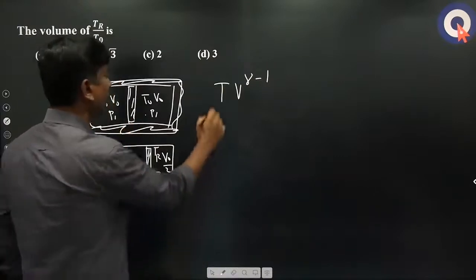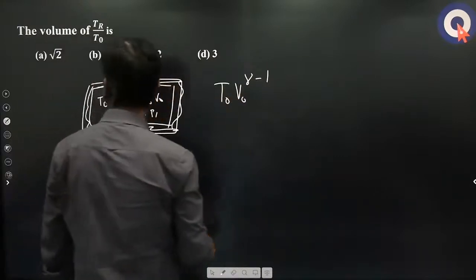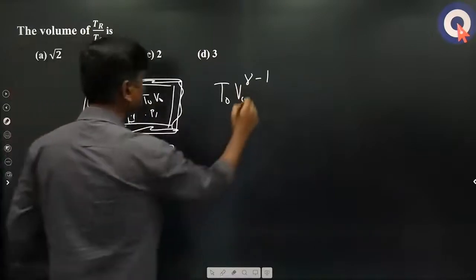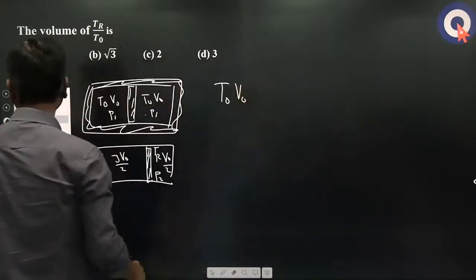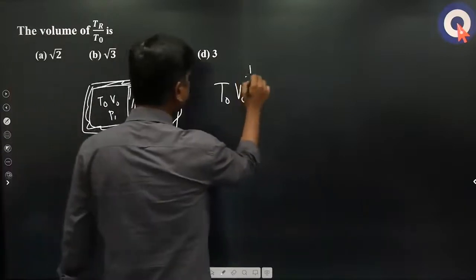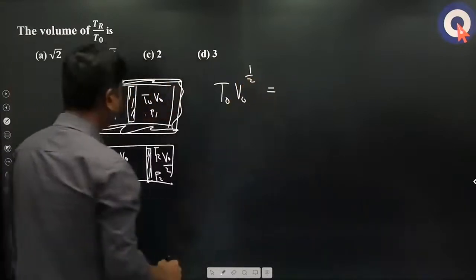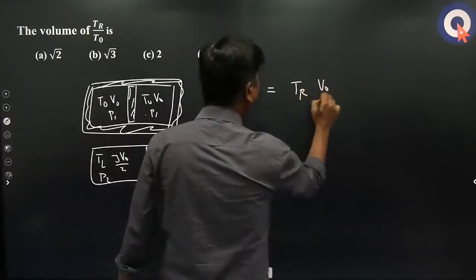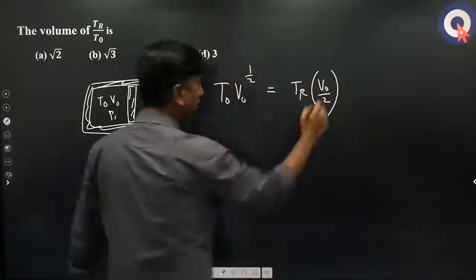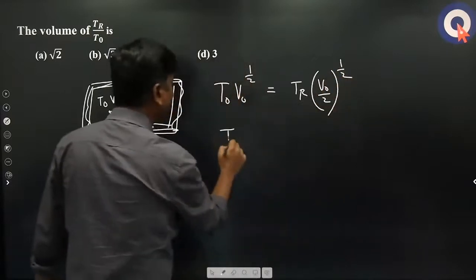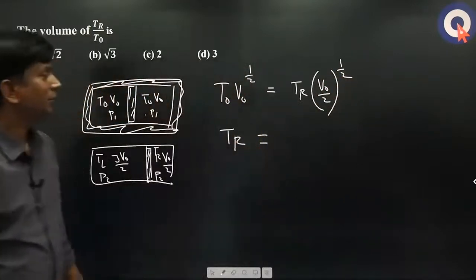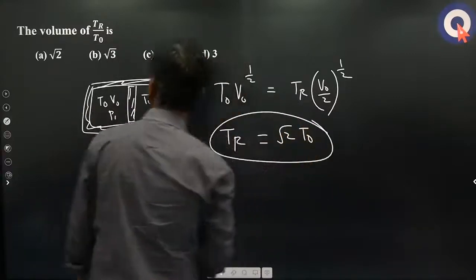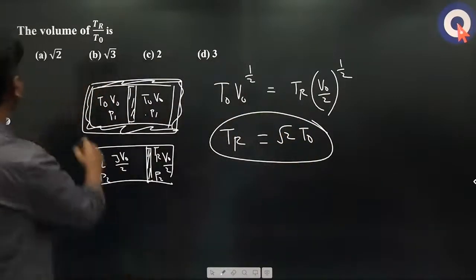So initially T0 V0 to the power 3 by 2 minus 1, which is 1 by 2, is equal to the final temperature, which I have to find, times the final volume V0 by 2 whole power gamma minus 1, again 1 by 2. So what is TR? Is it not root 2 times T0? Yes. So TR by T0 is root 2.